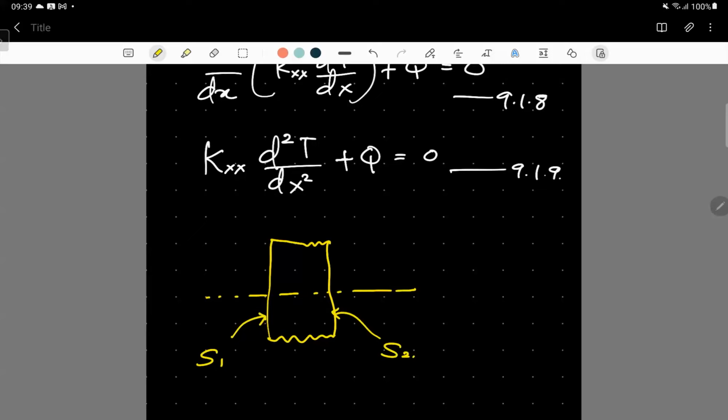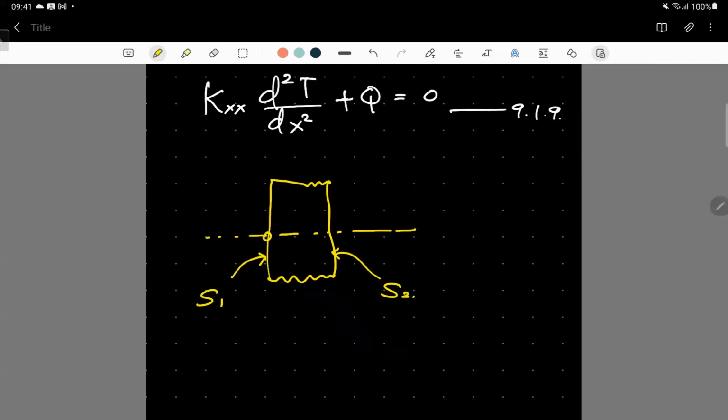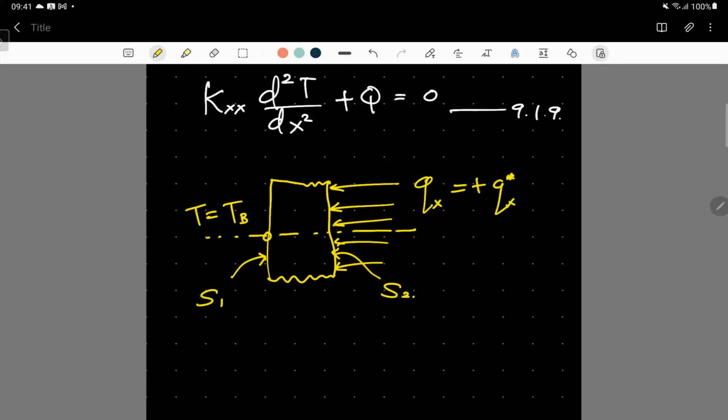We can set the temperature at surface 1 to be TB, and the boundary condition at surface 2 can be a flux, which we define as Qx. If it is positive, we consider the flux to be entering the system. If it is negative, the flux is leaving the system.